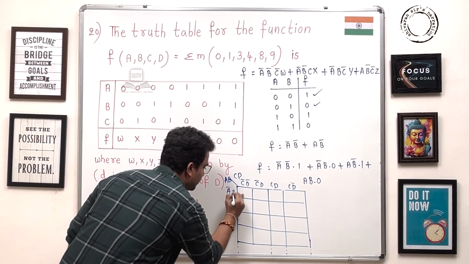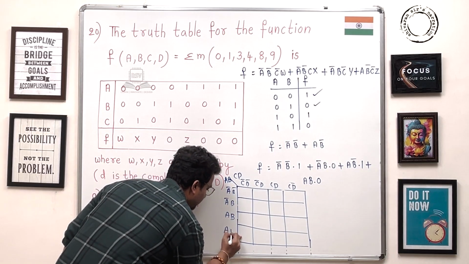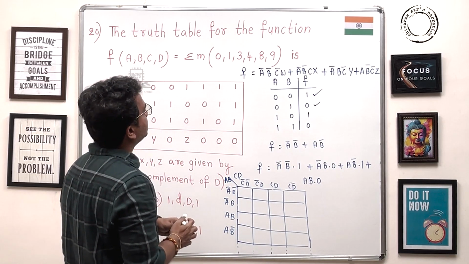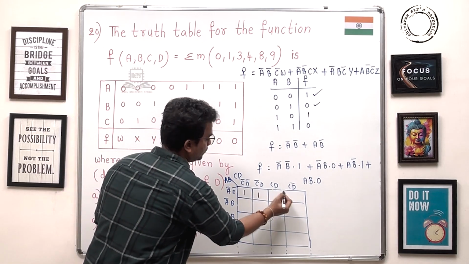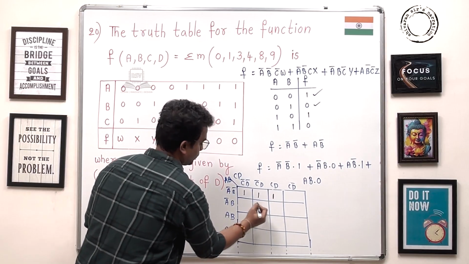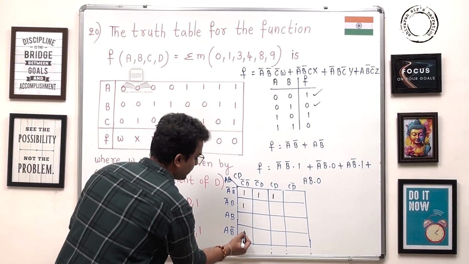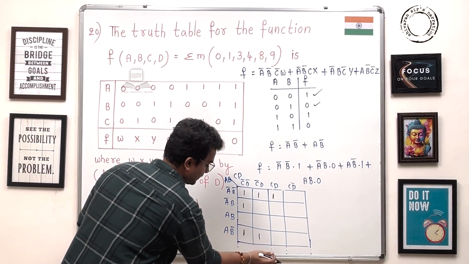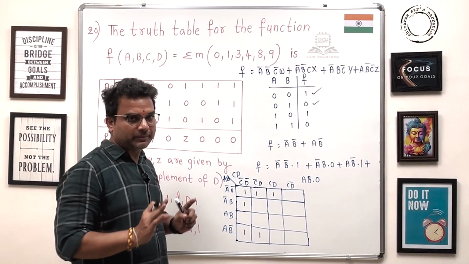Again, a bar b bar, a bar b, a b, a b bar. Now, guys, as per the minterms, 0, 1, 2, 3, 4, that's it, 5, 6, 7, 8, 9. That's it. Now guys, we want to simplify it.